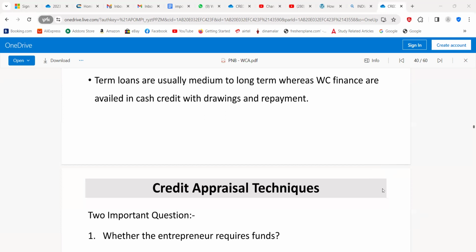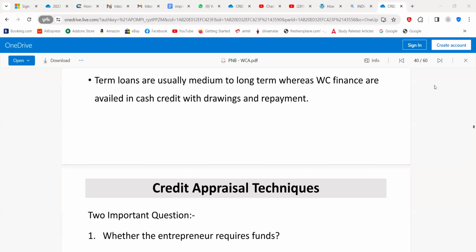One more point to be told is that if the borrower is a limited company, then such charges as hypothecation or pledge, in the case of KCC it is known as pledge, have to be registered with the registrar of joint stock companies.